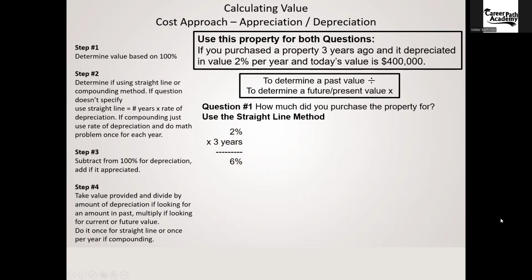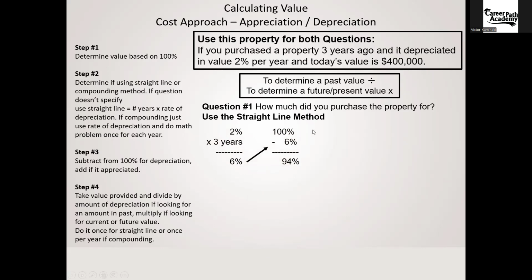So you take the rate of depreciation, 2% per year, and multiply it by the number of years, 3 years, to get 6%. Now, the problem says it depreciated, so we're going to subtract that 6% from 100%. Okay? So now we've got 94%, right?